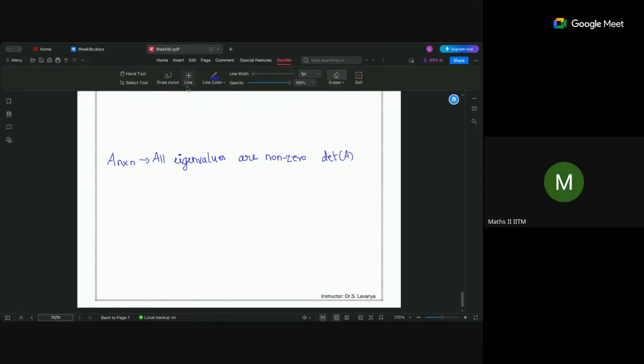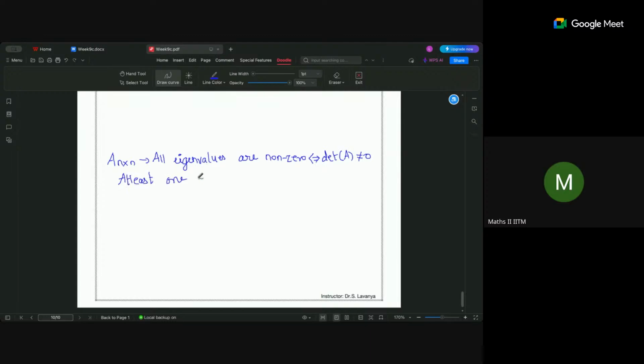So you can see that in fact this is an if and only if condition. For an n by n matrix, you will have a zero eigenvalue only when the determinant is zero, right? So the presence of a zero eigenvalue implies that determinant is zero. Also the determinant being zero implies that one of the eigenvalues is zero.